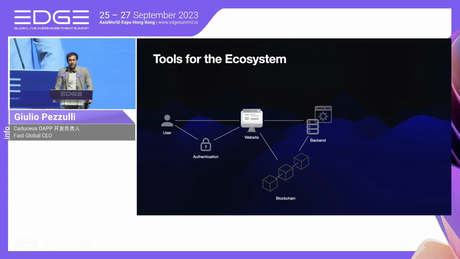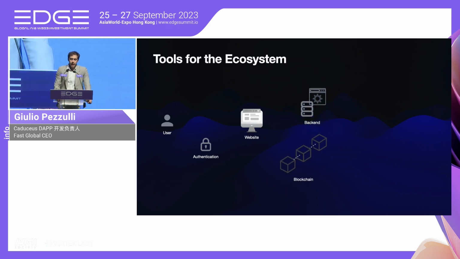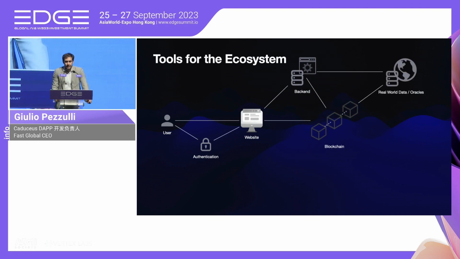Everyone quickly realized that this was not enough, as to build real-world applications, you need real-world data. And to get real-world data in a sustainable but efficient and actually secure way, you need oracles, and you need oracle networks. This means that you get data from the real world, where it can be prices, it can be weather data, any kind of API out there.